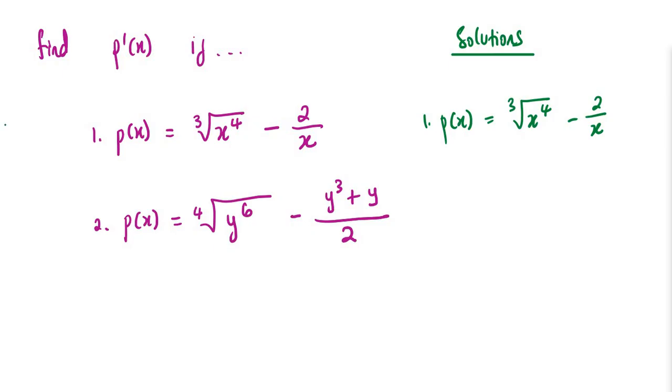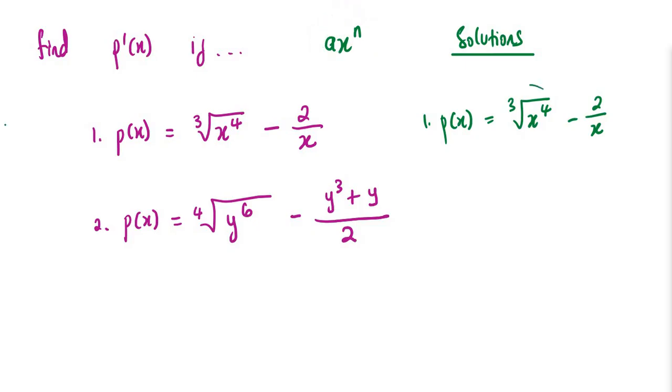Good people, the first thing I want to say is do not write this. Please don't. We must convert it and have it in the form whereby you can see the coefficient.